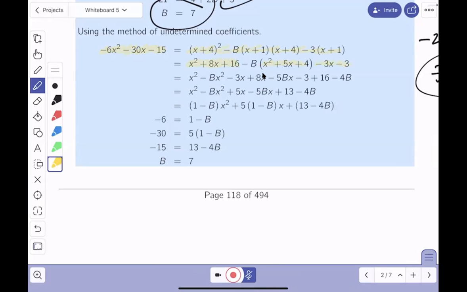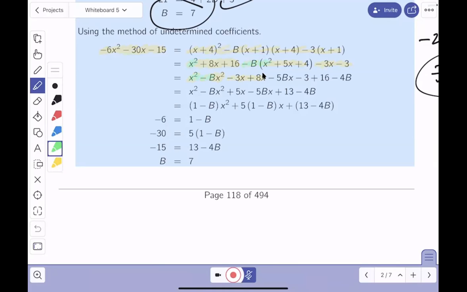I still have to go through the expansion, x squared. Someone says, where's the minus bx coming from? Right over here. What I'm doing is putting all the x squareds together, and then I'm going to put the linear terms together. What do I see over there? Well, I see 8x, I do see that minus 3x. Maybe I'll put that in a different color. I'll do green.